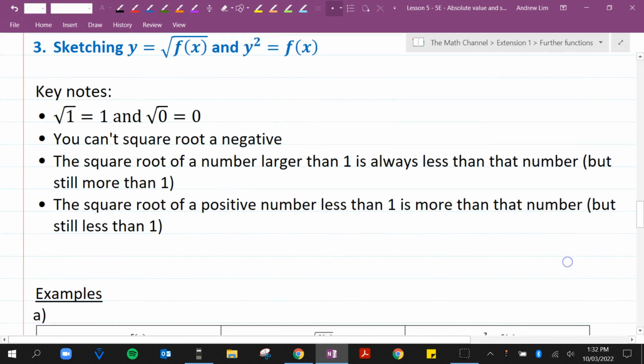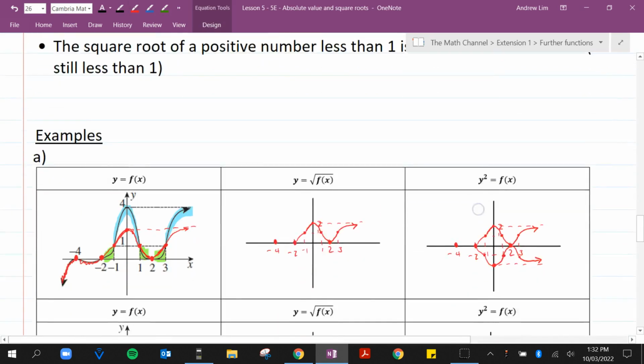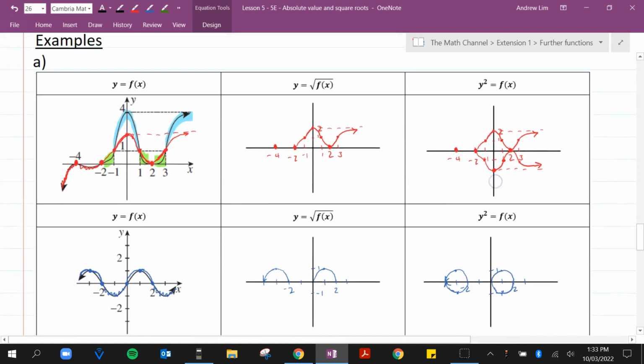And then we looked at square rooting. So y equals root f of x is just the positive, because there's a positive sign here technically, not a negative. But y squared equals f of x means we need plus or minus the square root. So when we square root, remember you can't square root negatives. Square root of 0 is 0, root 1 is 1.